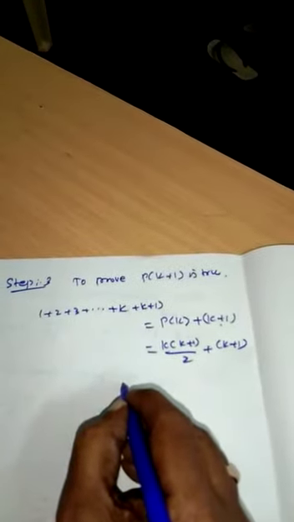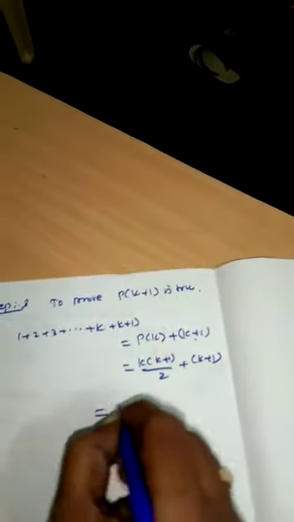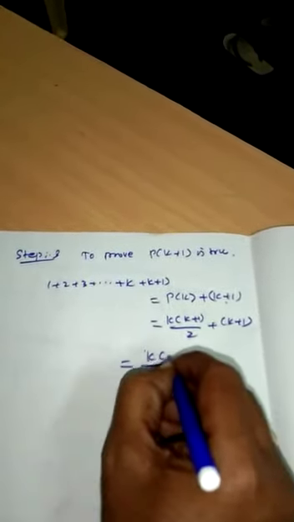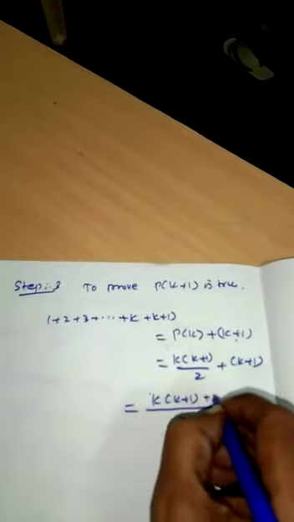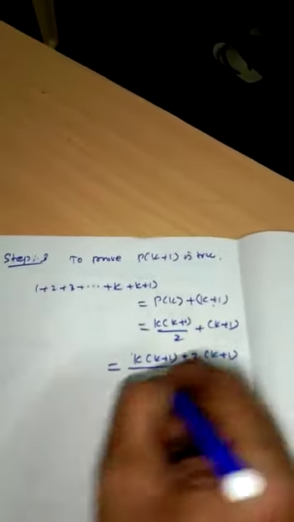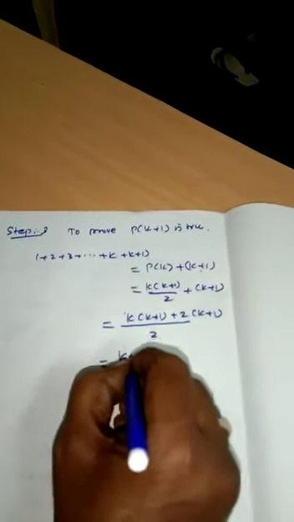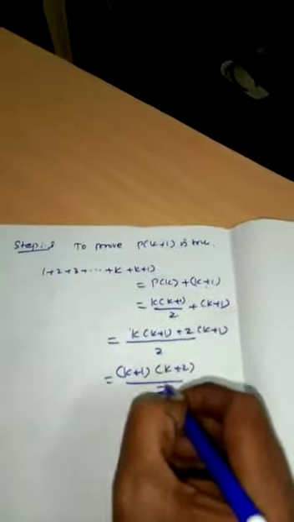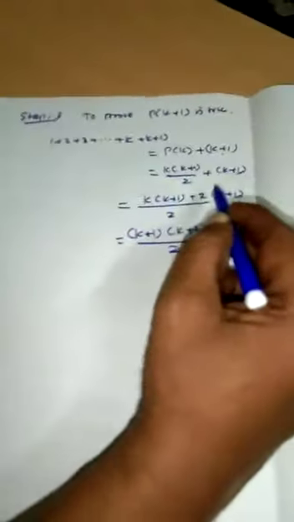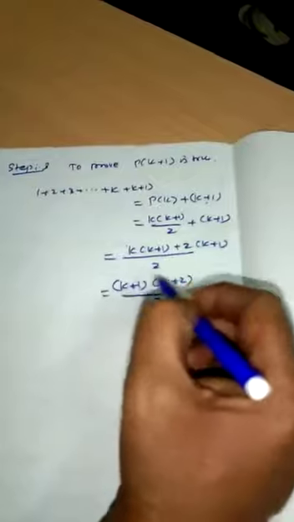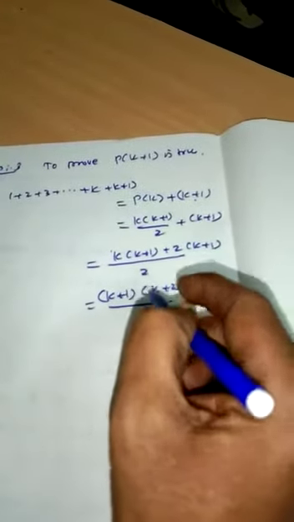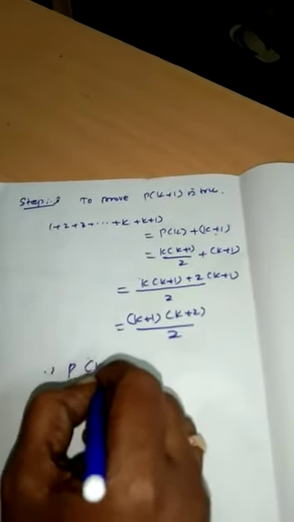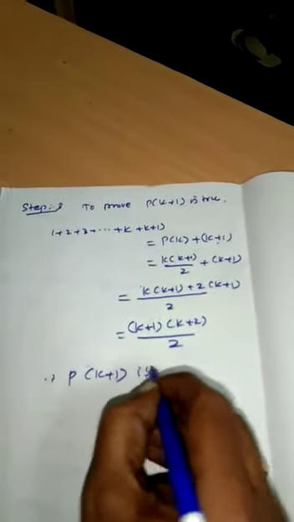Take k plus 1 common. LCM 2: k into k plus 1 plus 2 into k plus 1, k plus 1 is common, and k plus 2 by 2. Therefore, n means n into n plus 1, k plus 1 means k plus 1 into k plus 1 plus 1, that is k plus 2 by 2. Therefore, Pk plus 1 is true.